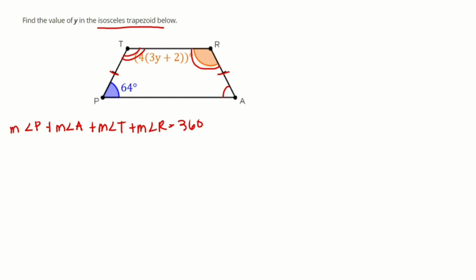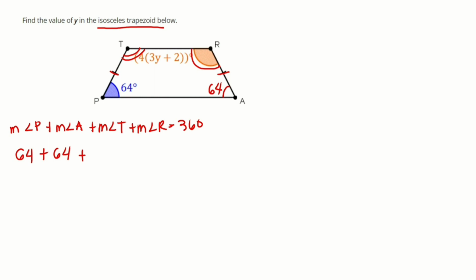We know that angle P measures 64, and take note that these are base angles, so that means angle A is also 64. So 64 plus 64 plus the measure of angle T plus the measure of angle R is equal to 360.